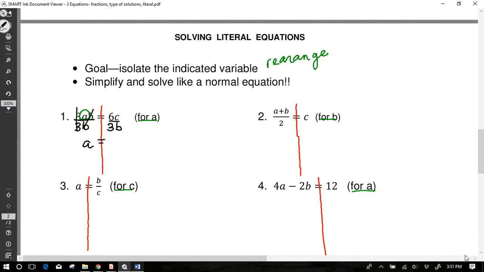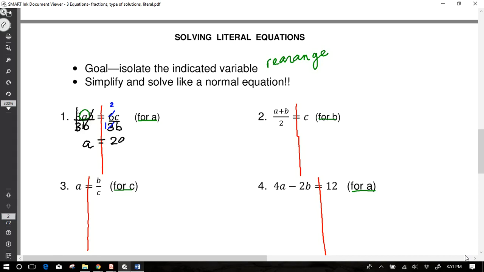And right here, I need to reduce this fraction. So let me use blue to do that. 6 divided by 3 is 2 over 1. So I'm going to bring down the 2C on top.